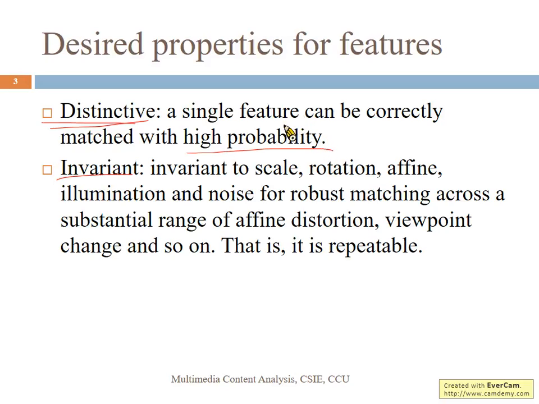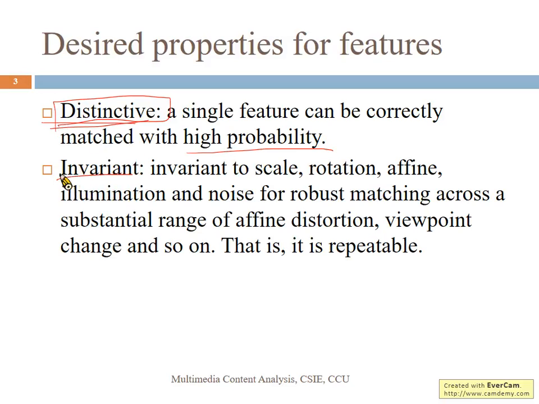Just like the example shown above, the corner of the building structure is a good candidate because we can distinctively match the building corner, but not the smooth pixels. So this is the first desired property.